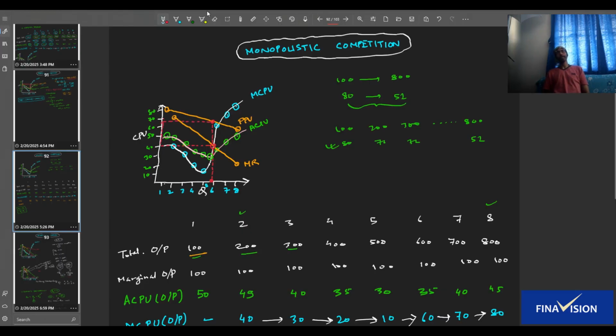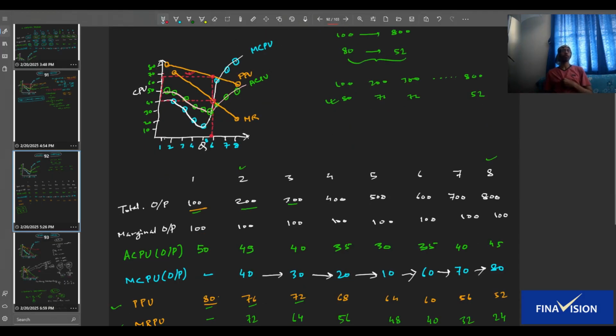So friends, this red rectangle that we have drawn here, this one, this is going to be our profit max amount. Right, friends? This is the amount of profit.